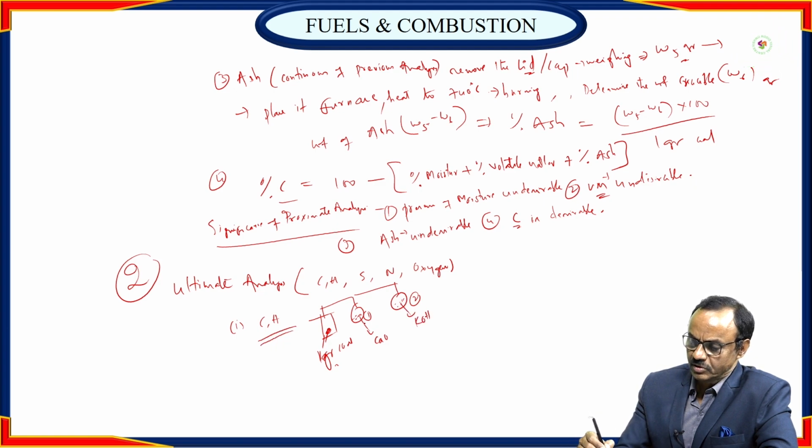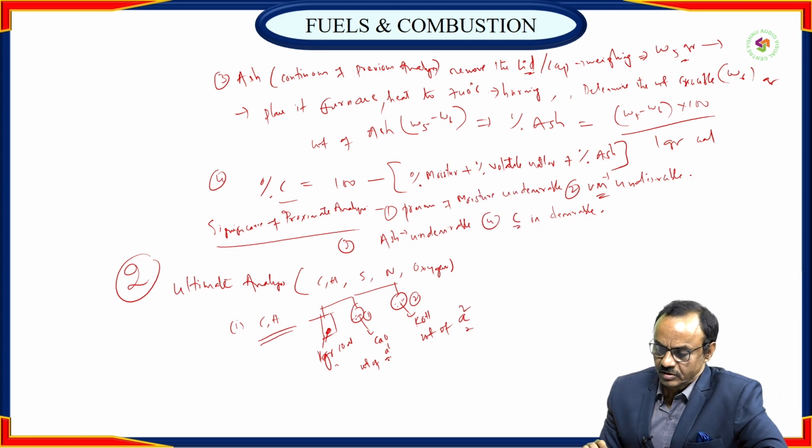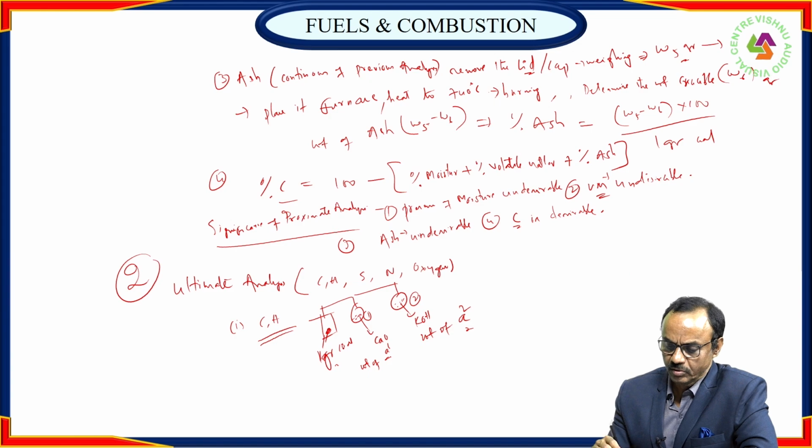Before allowing the coal to burn, determine the weight of the first bulb. Let A1 be the weight of the first bulb, and A2 the weight of the second bulb.